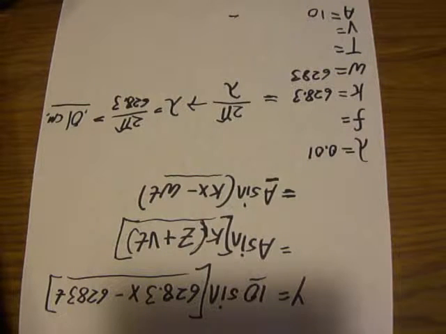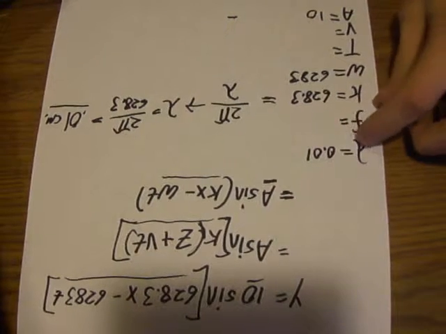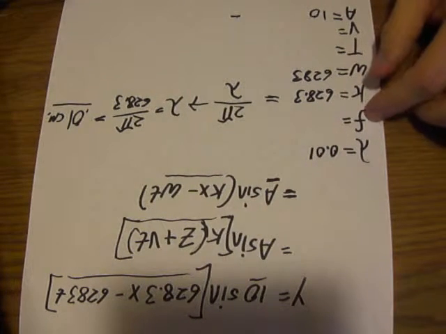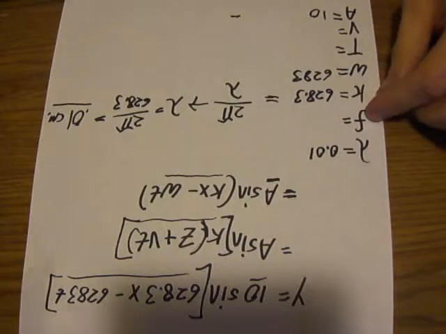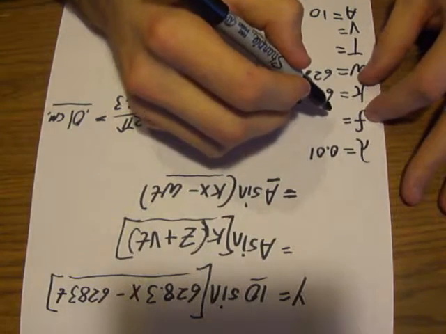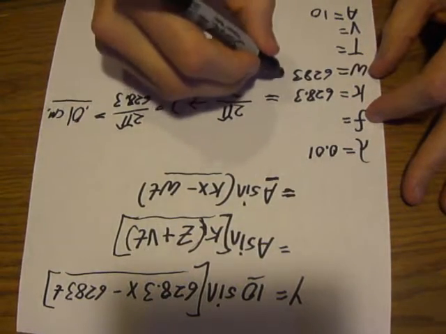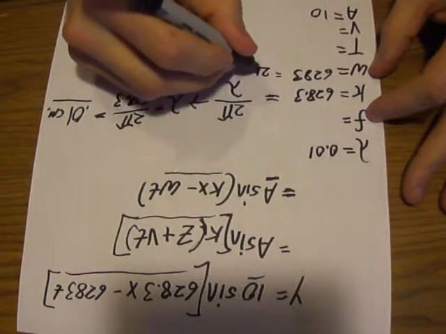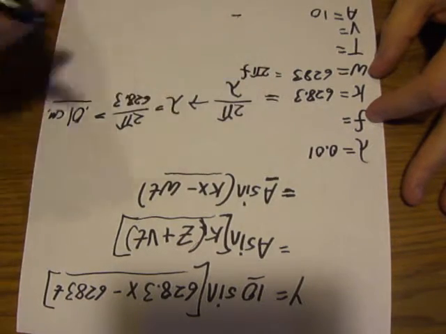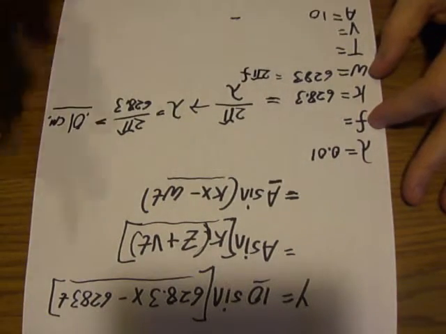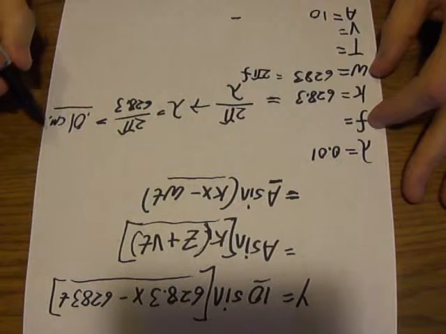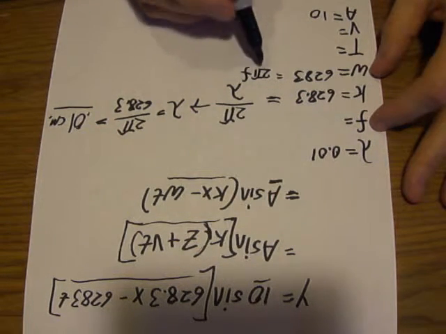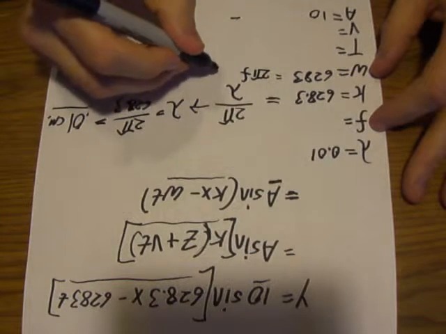Part B asks us to find the frequency, not to be confused with the angular frequency, but there is a relationship between the two. The angular frequency is 2 pi times the frequency. That's the definition of angular frequency. So now we can do simple algebra to isolate f: divide both sides by 2 pi.